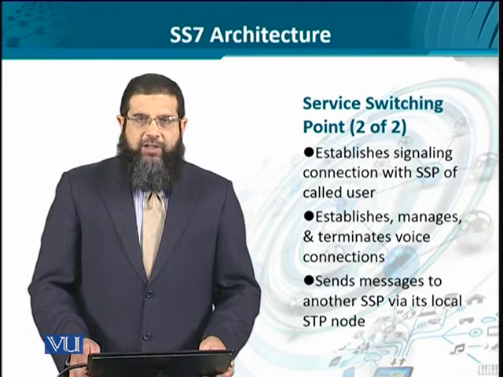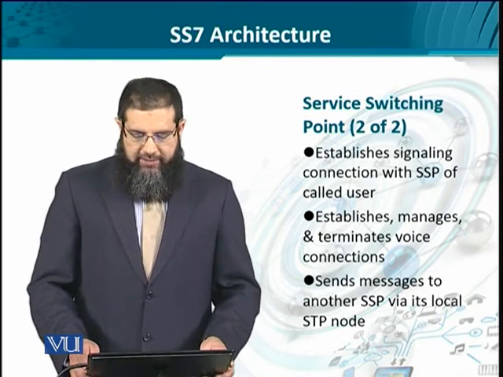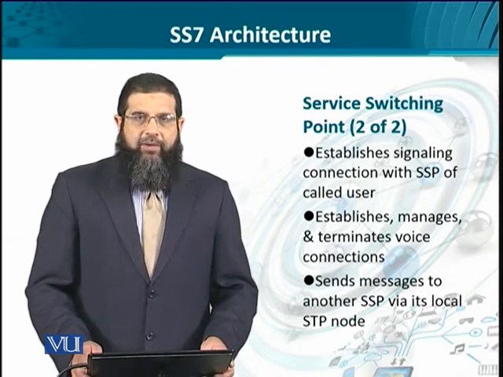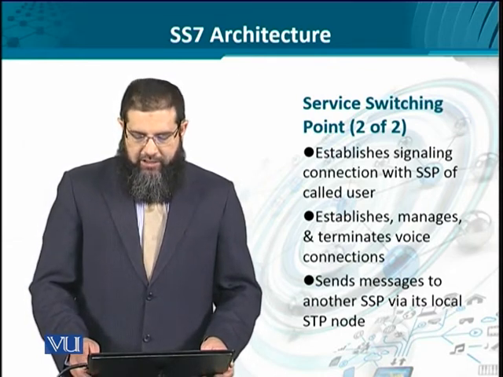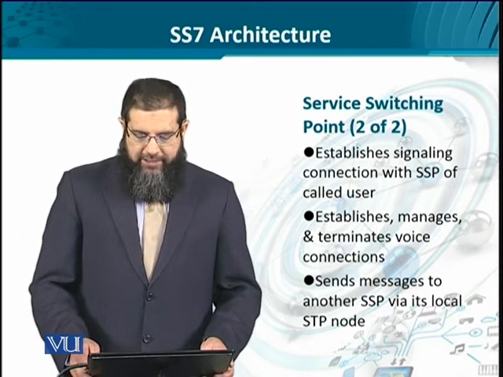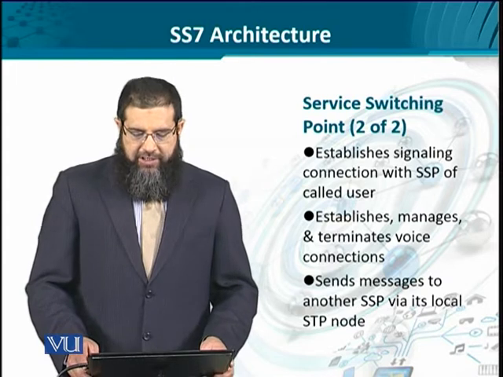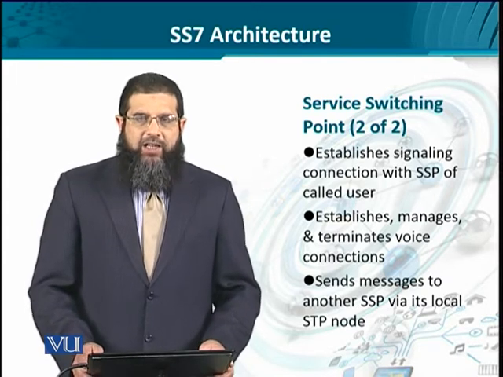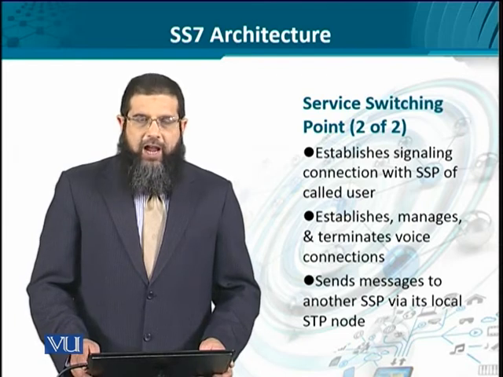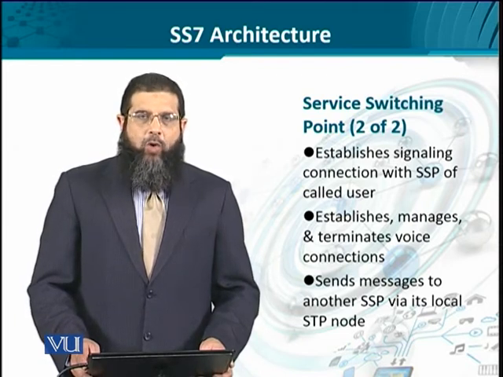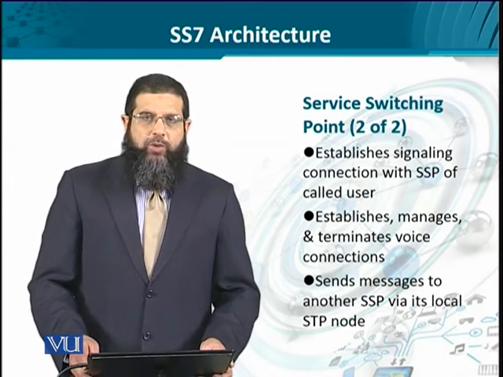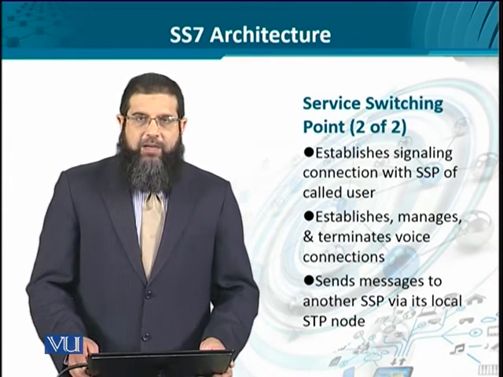When this number is converted into the message, then the call establishment process is initiated by opening up a connection with the called party or the destination SSP. The destination service switching point is the one that acknowledges the receipt of these messages, and the coordination and overall interaction of these two service switching points is used to establish, manage, and terminate the voice connection.